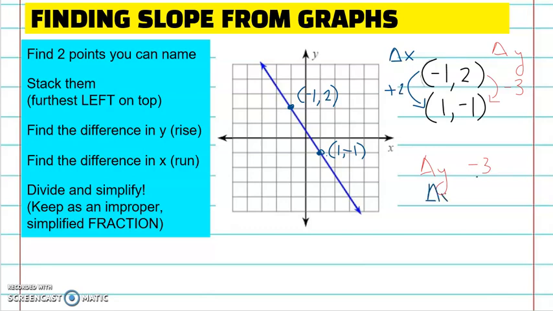So my change in x, I went up by 2. So I'm going to leave it that way. Simplify it if you can. If you can't, just leave it as an improper fraction. I want you really comfortable with fractions this year. I know you've worked hard with converting to decimals, but there's a lot of precision in fractions that you miss out sometimes with decimals, especially when you're rounding them.